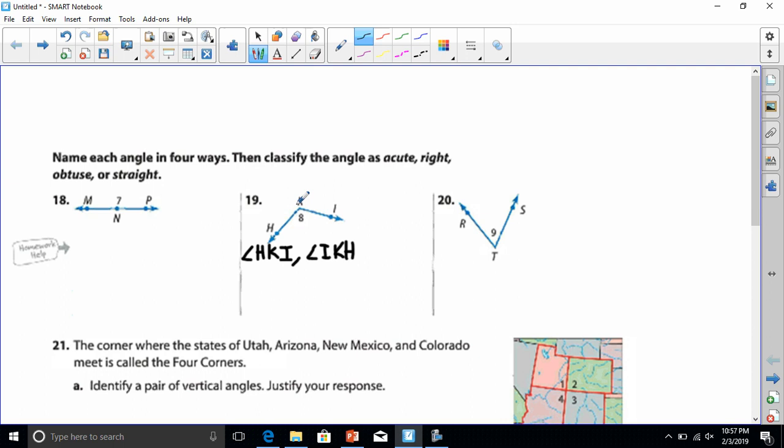Notice I go from one end to the middle to the other end when I do these. I can go this way or this way. The next way I could do it is just to say angle K, since it's at the angle of K. Angle K. And the last one I could do is angle 8. See that number 8 there.